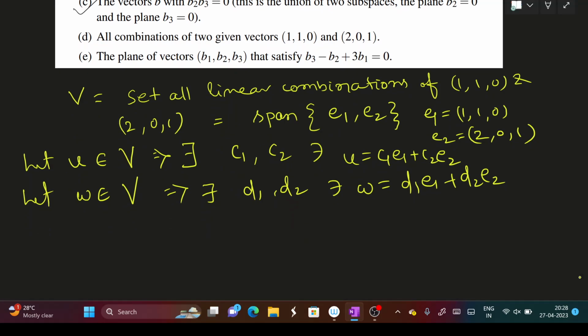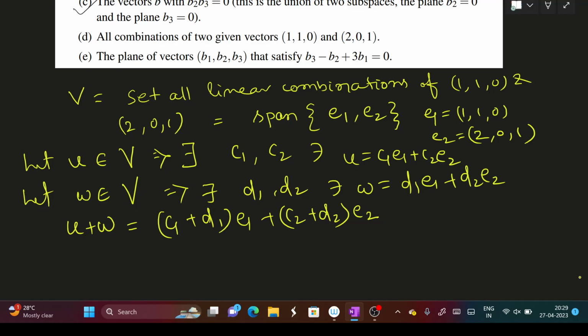Now, whatever their addition, U plus W, what is it? It is C1 plus D1 into E1 plus C2 plus D2 into E2. That means it is again a linear combination of E1 and E2.